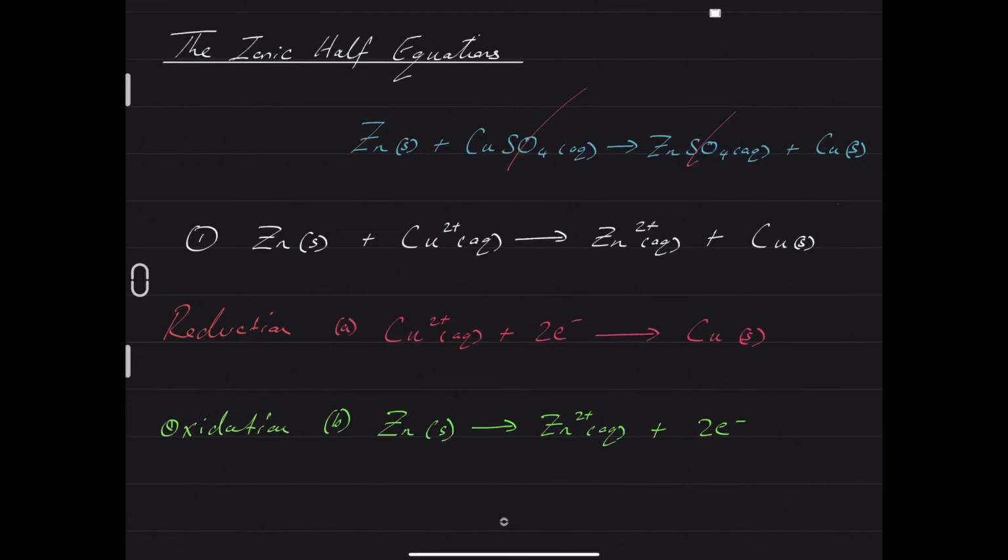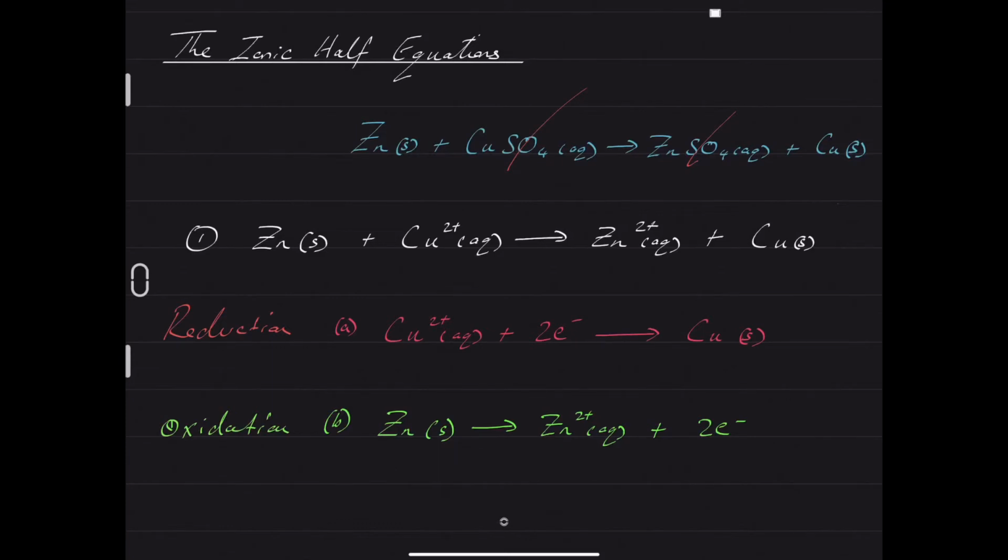So, in summary, the copper 2 plus ions are reduced to copper, and in the oxidation reaction, the zinc atoms are oxidized to zinc 2 plus. So I'll repeat again, the copper 2 plus ions are reduced because they have gained electrons.